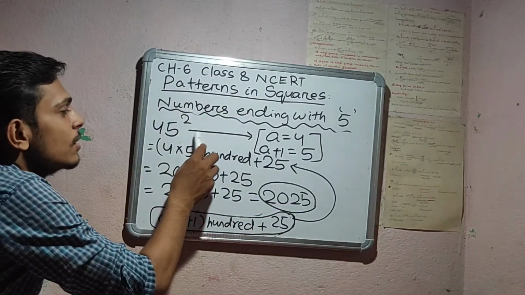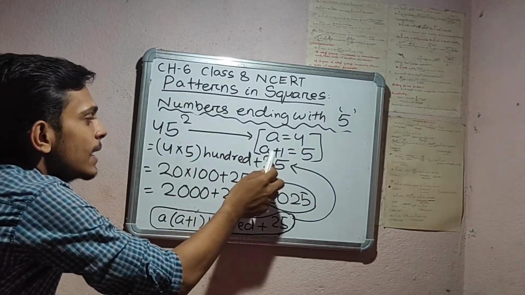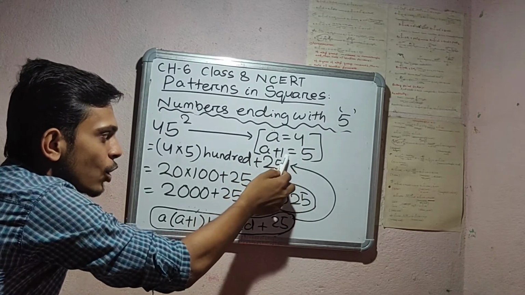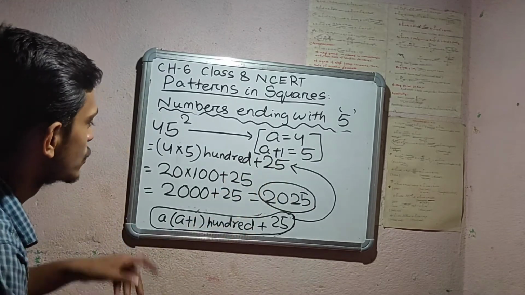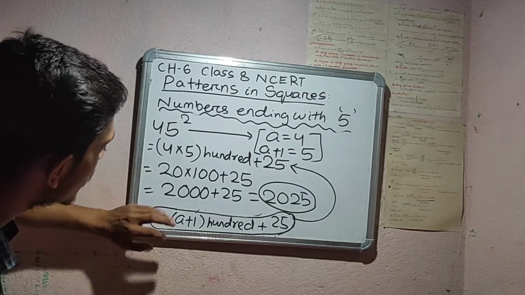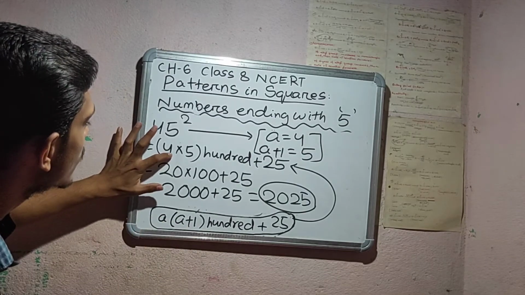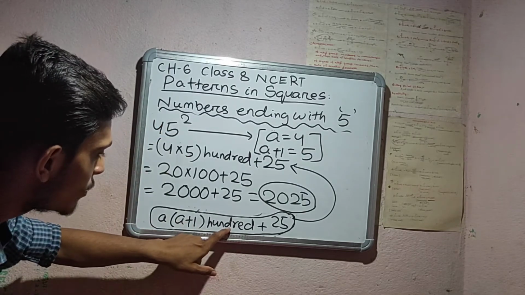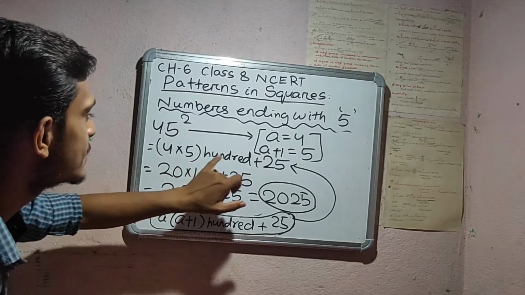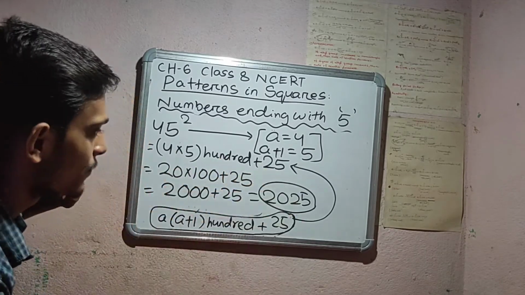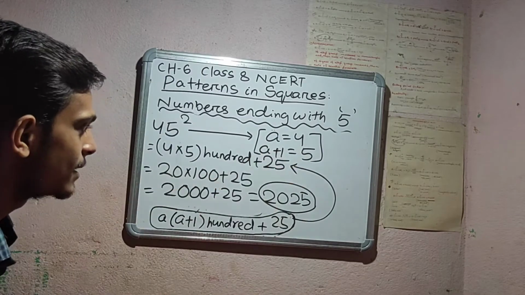So here A equals 4, so A plus 1 becomes 5. 4 is added with 1 to give 5. So according to the formula, 4 is multiplied with 4 plus 1, that is 4 is multiplied with 5 and multiplied with 100, plus 25, because 25 is added at the end.